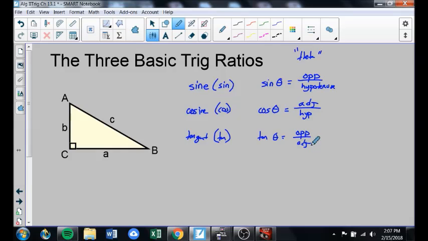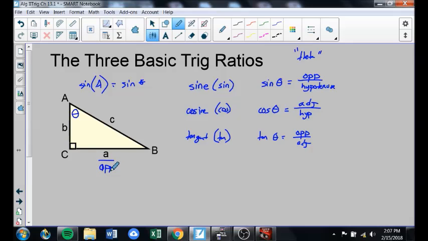The thing that can be kind of tricky about this is that the terms opposite and adjacent are relative, meaning they change based on what you're talking about. So if I wanted to find the sine of angle A over here, if this is angle A, sine of theta, then this side is the opposite.